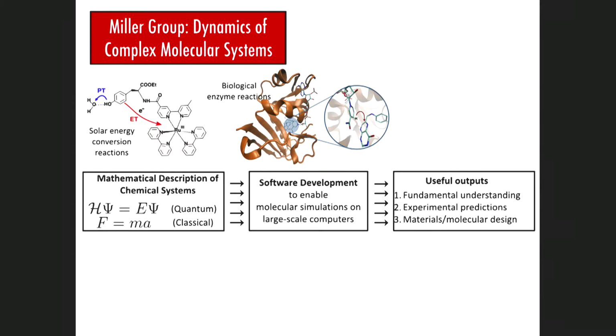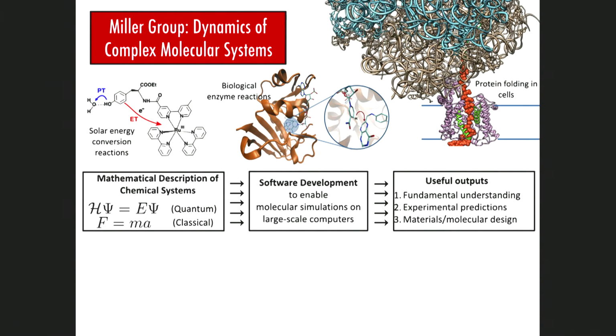We use this approach to investigate and understand solar energy conversion, to understand key reactions that govern biological catalysis. We use this approach to investigate the way in which membrane proteins and different biological molecules are made within cells and targeted to the correct places within cells.